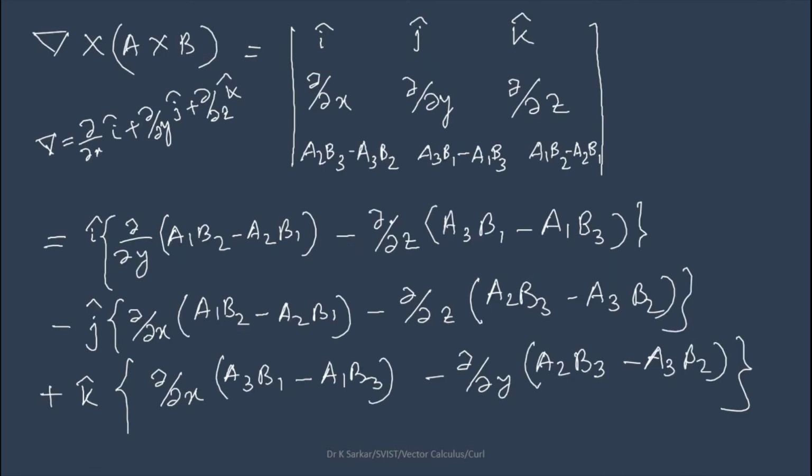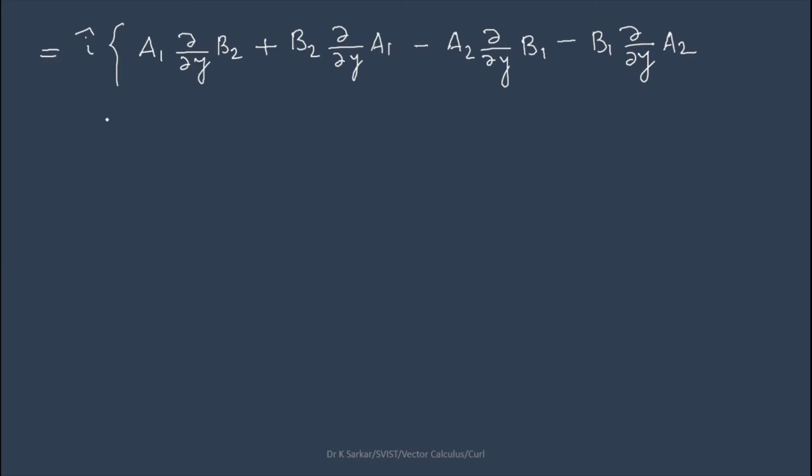Then minus del/del z of A3 B1 gives minus A3 del/del z of B1 minus B1 del/del z of A3.